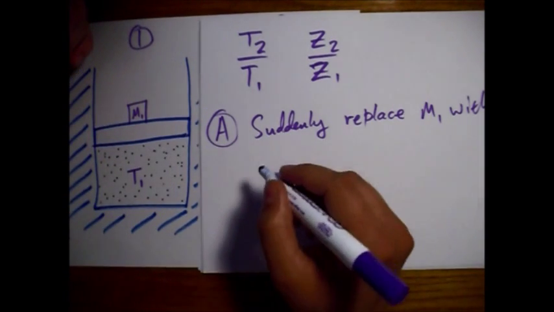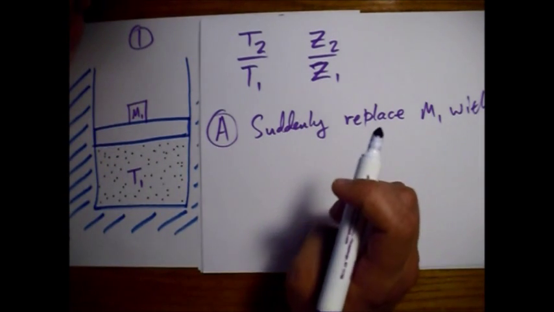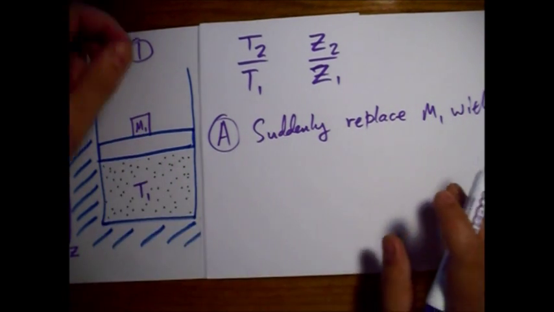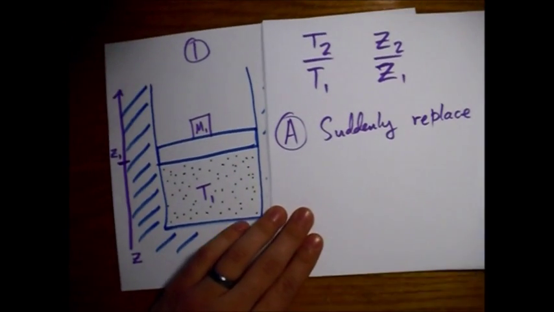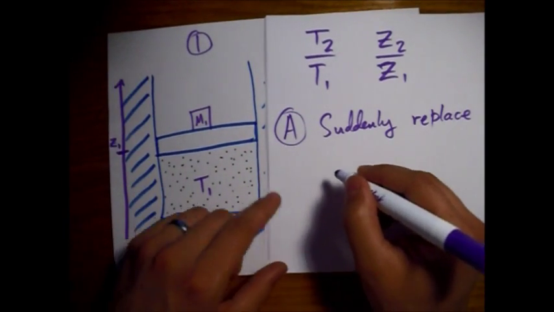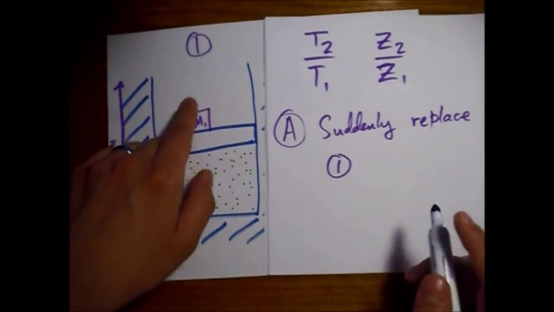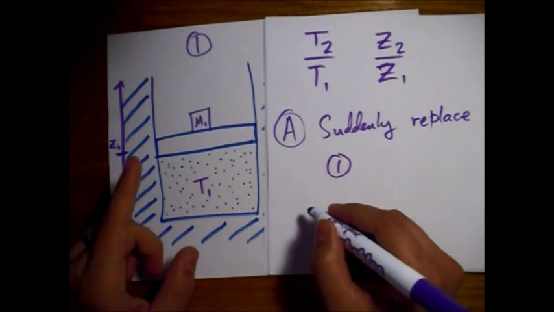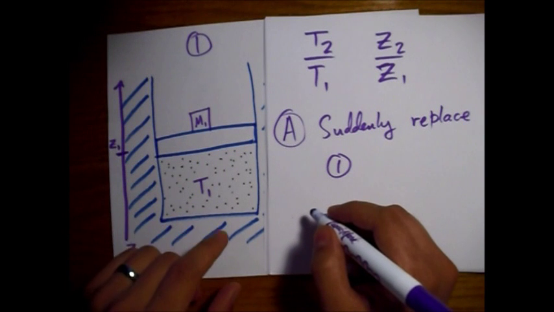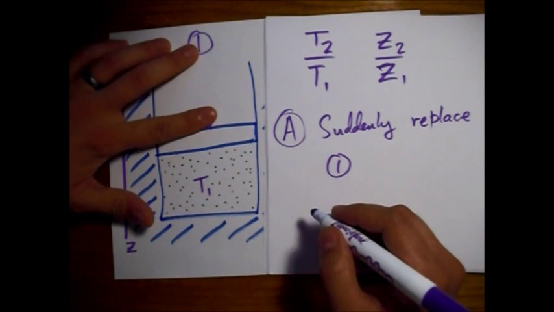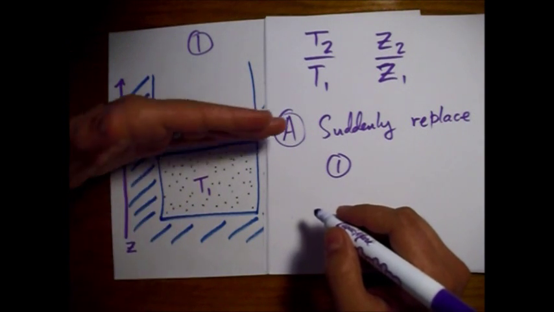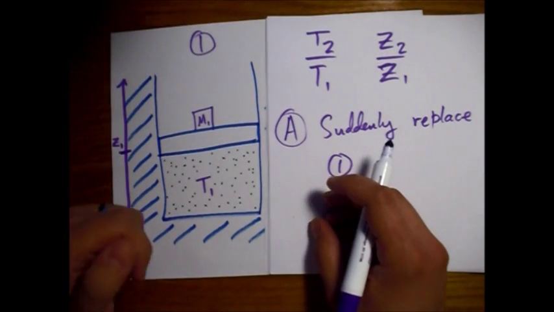So what is our energy equation? Well, we have the gravitational potential energy of the mass. So for situation 1 on this side, you would think it would be an M1G, but it's not, because this is immediately after we replace this M1 with M2, right? Before the gas had time to act on it.